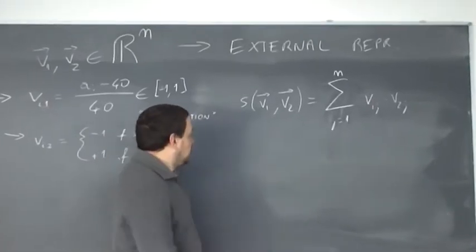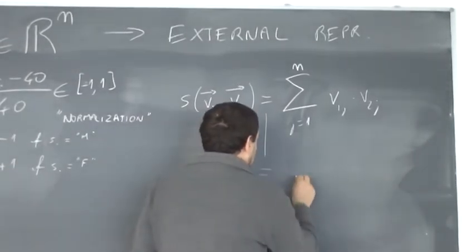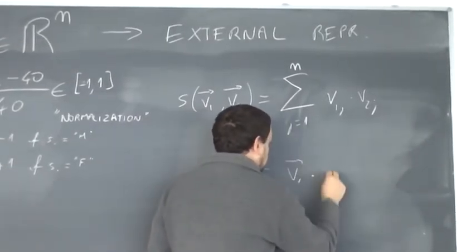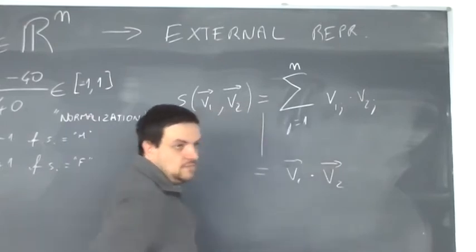This formula is actually simply the dot product of the two vectors.